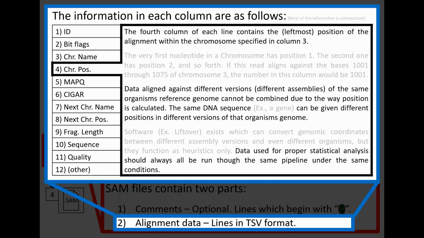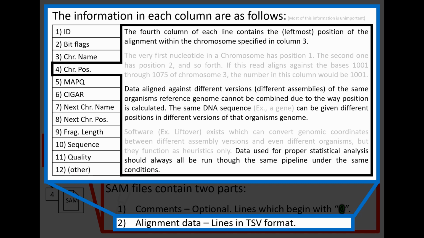Meanwhile, the 4th column contains the chromosomal positional index of the alignment. The underlying concept itself is quite simple. Every nucleotide in a chromosome has a positional index. The very first nucleotide in a chromosome is base pair number 1. The second nucleotide is base pair number 2, and so on.